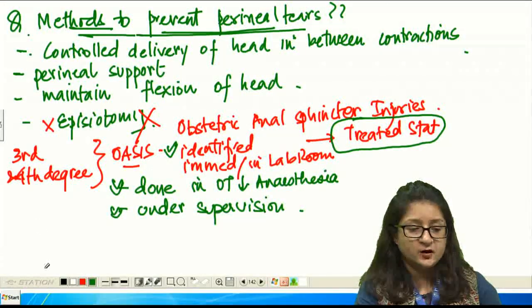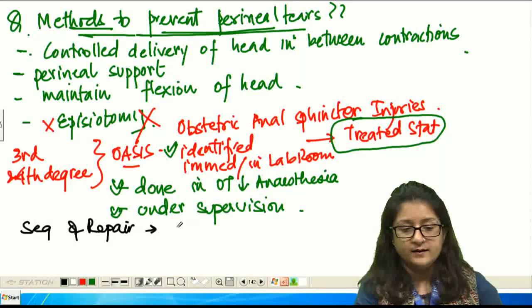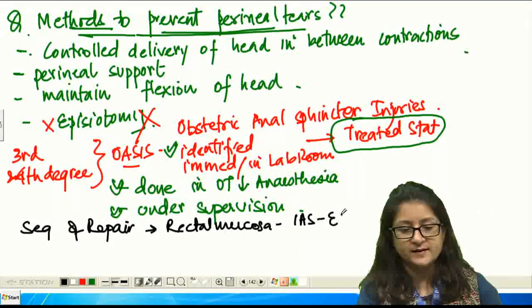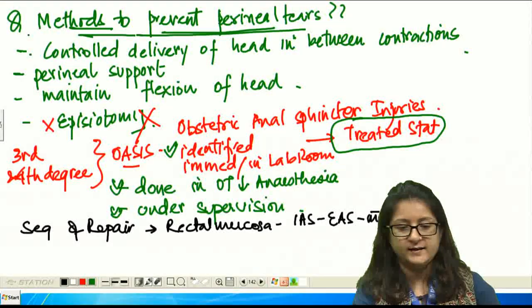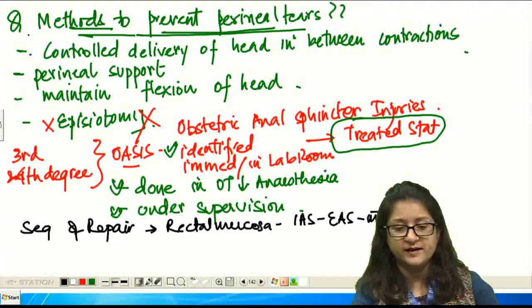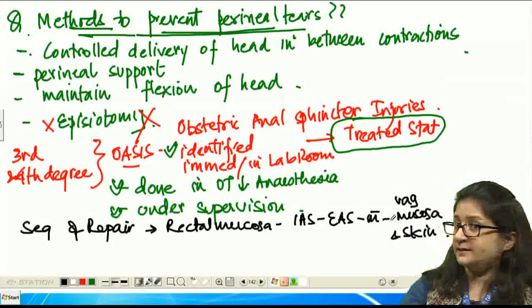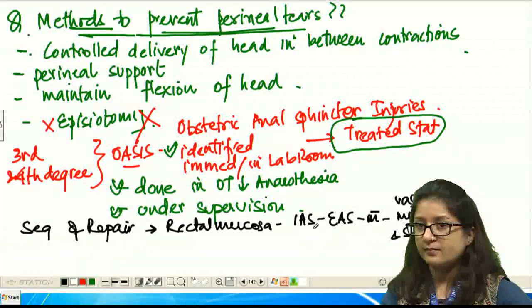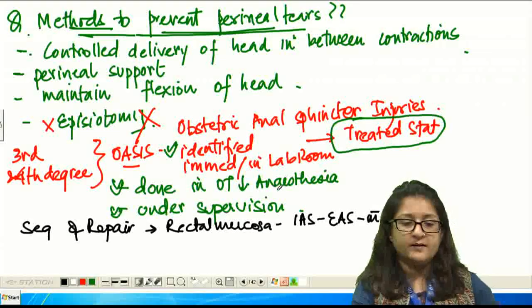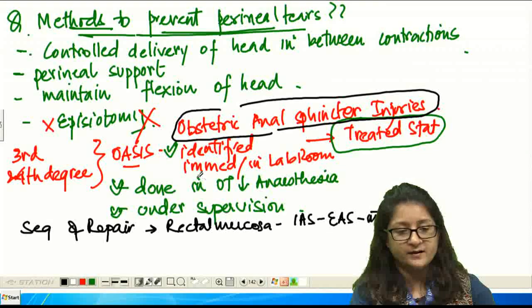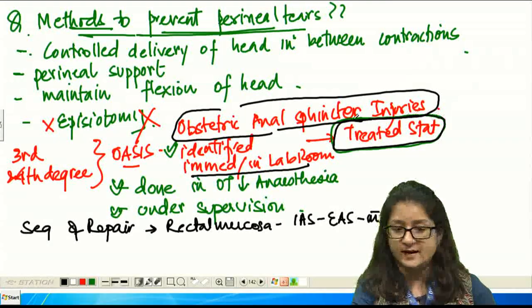And the sequence of repair, remember, is the rectal mucosa, then the internal anal sphincter, then external anal sphincter, then the muscle, and then the vaginal mucosa and skin. Important point to remember is, whenever the obstetric anal sphincter injuries are identified in the labor room, they are treated stat.